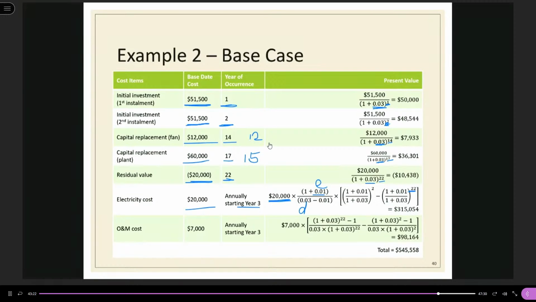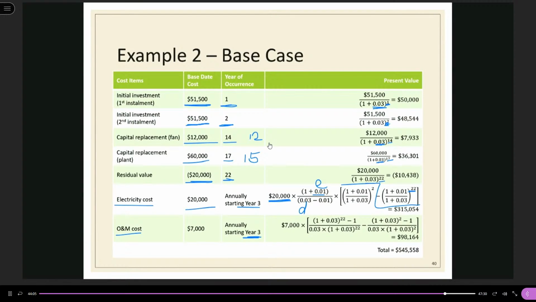Okay, and for the operation and maintenance, once again, it will happen starting at the end of the 3rd year, and I think it should be reversed like this. So the electricity costs and the operation and maintenance costs, we need to pay for every year starting in year 3.